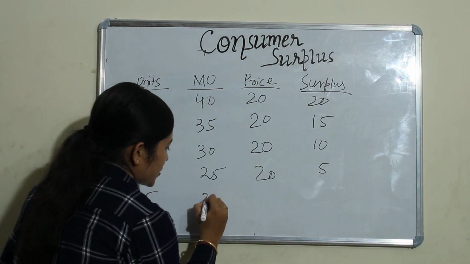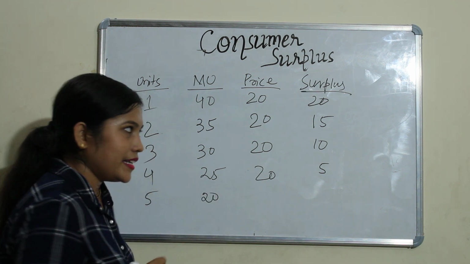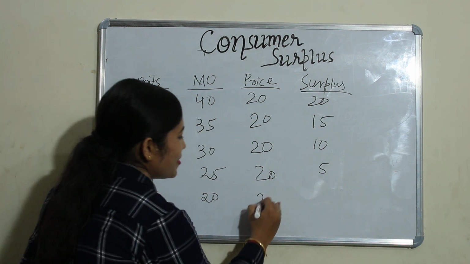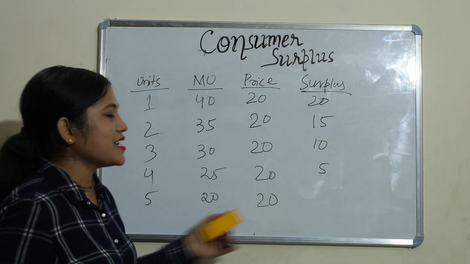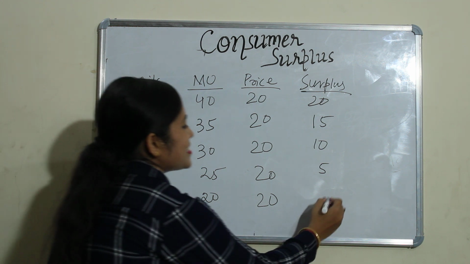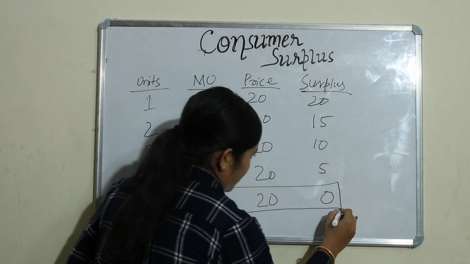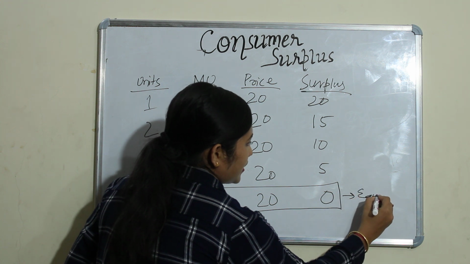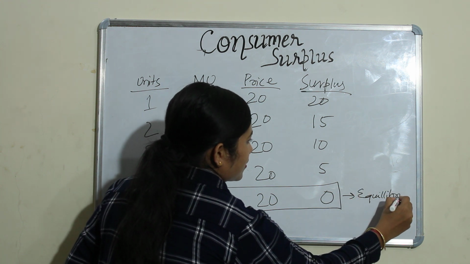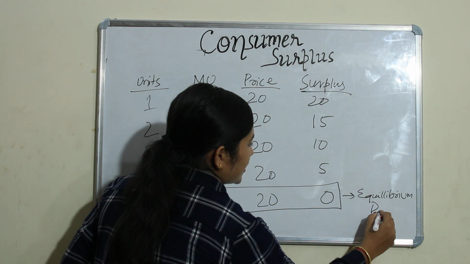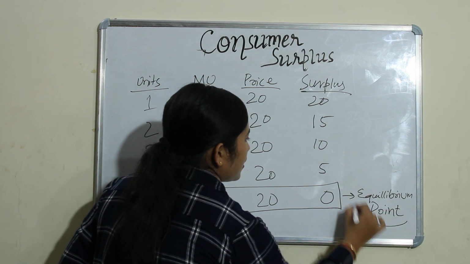Here your marginal utility becomes 20 and the price is also 20. Here what is the consumer surplus? It is 0. This is the point where we should stop because it is the equilibrium point. What is it? Equilibrium point.